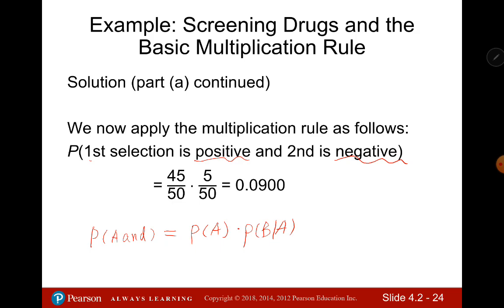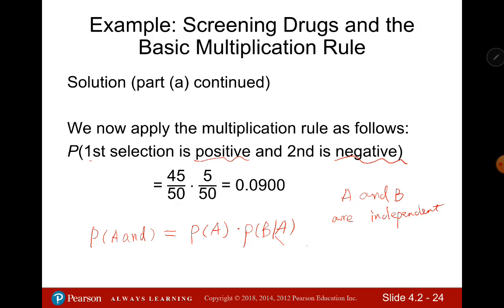If we check A and B, we will realize they are independent. Why will we say it's independent? Because the selection is with replacement, which means event A happens or not will not change the probability of B happening or not.